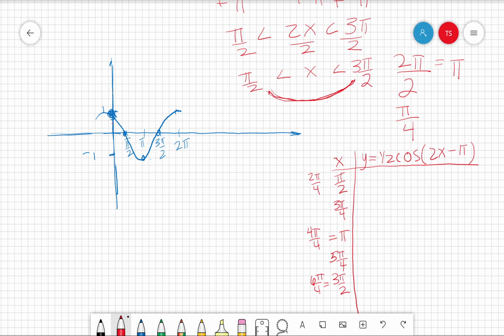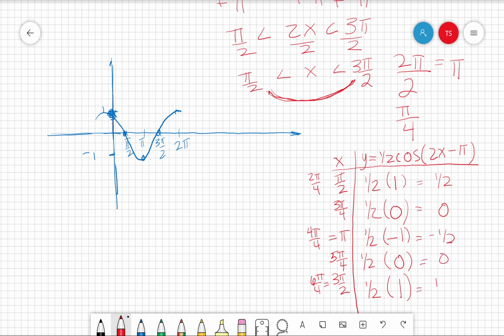And then for my y values, I'm taking my basic y values of 1, 0, -1, 0, 1, and I'm multiplying them by 1/2. And that will give me 1/2, 0, -1/2, 0, 1/2.